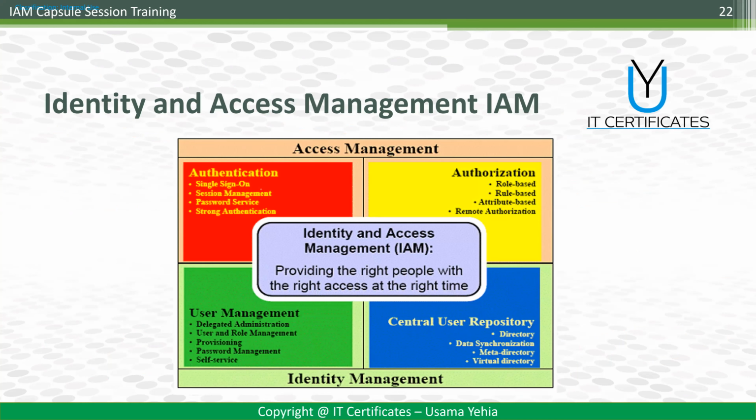We have some points in identity access management that we have to understand, and I think we discussed some of them before: authentication, authorization, user management, and central user repository. These are the important characteristics which you have to think about.